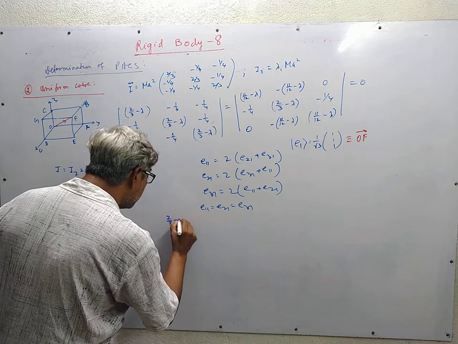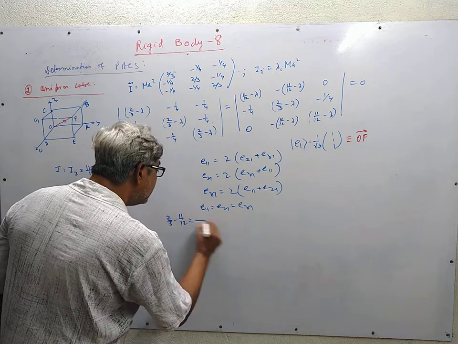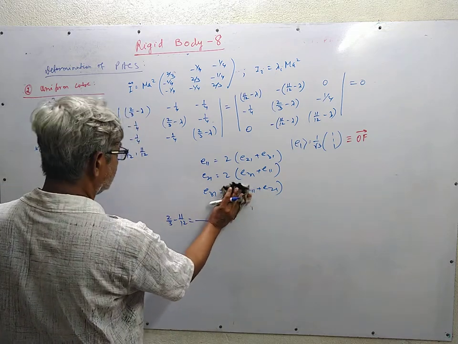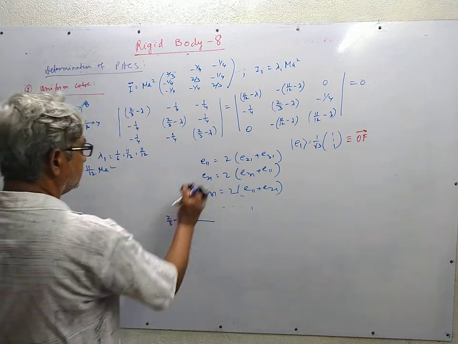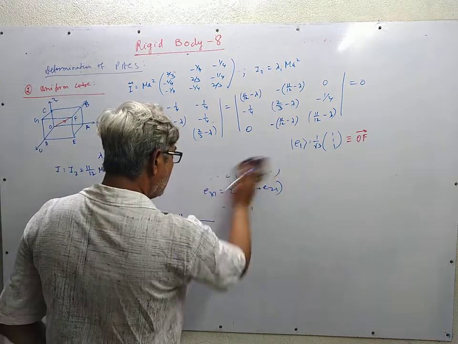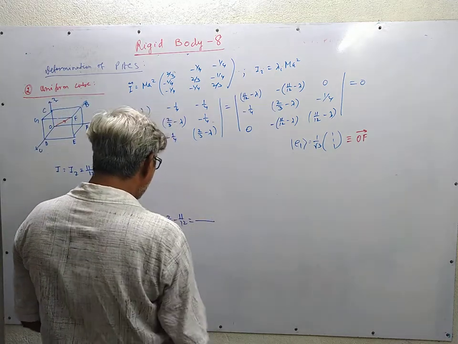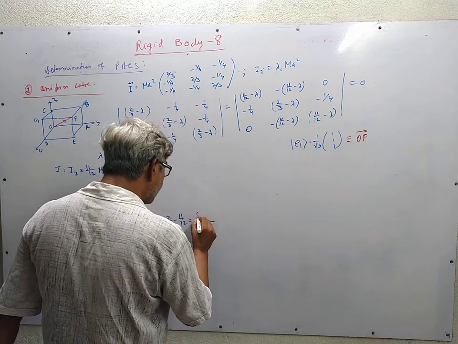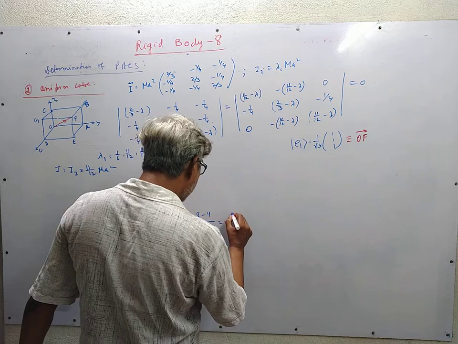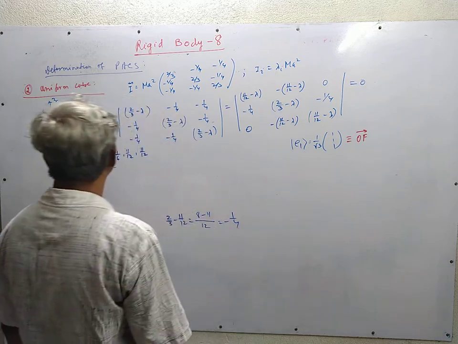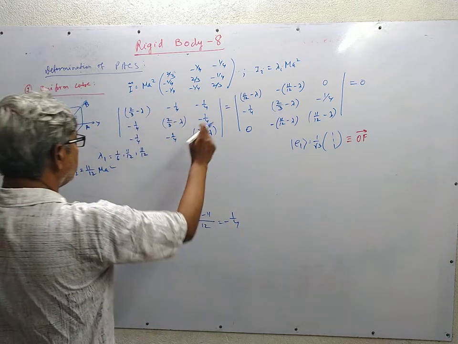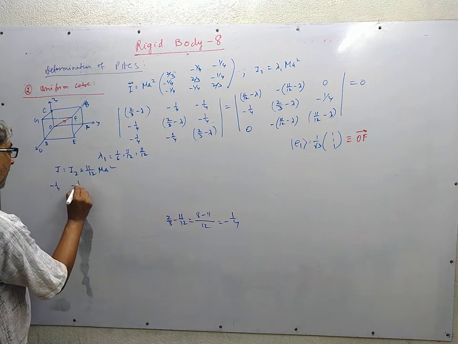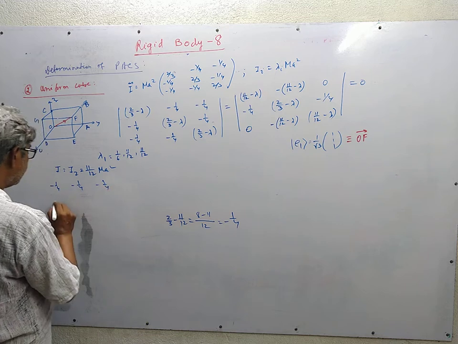This is 2 by 3 minus 11 by 12, so this is 8 minus 11 over 12, so minus 1 upon 4. So these terms are minus 1 upon 4, minus 1 upon 4, minus 1 upon 4.